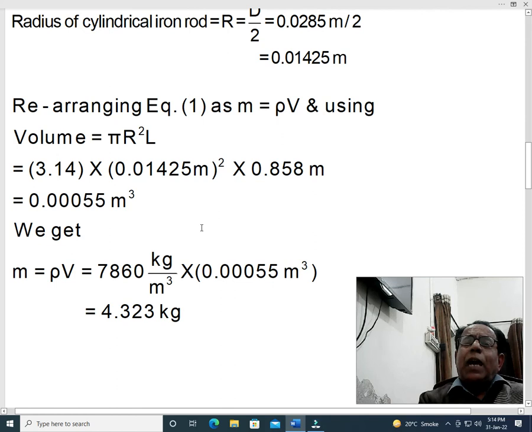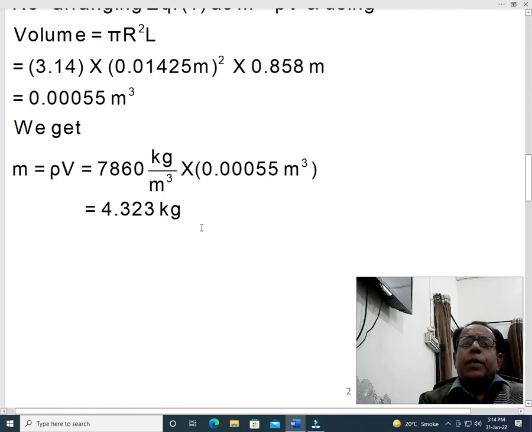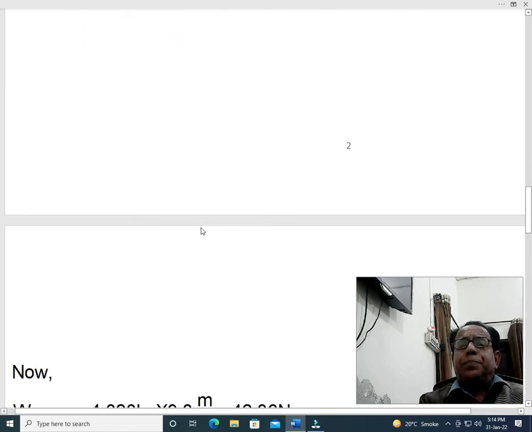We have almost solved our problem. Mass has become equal to 4.323 kilogram.